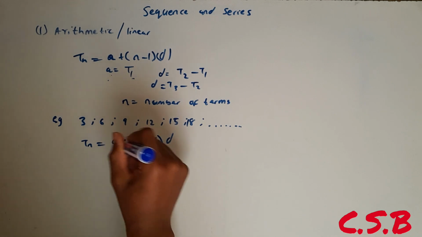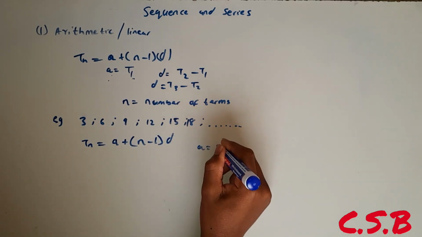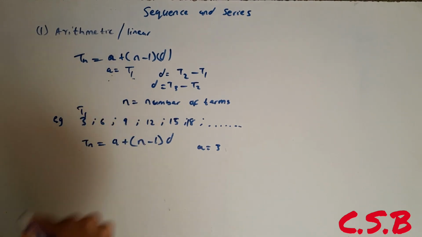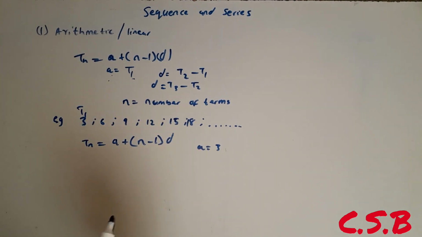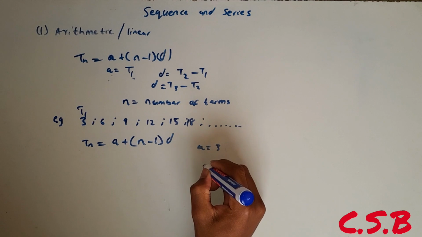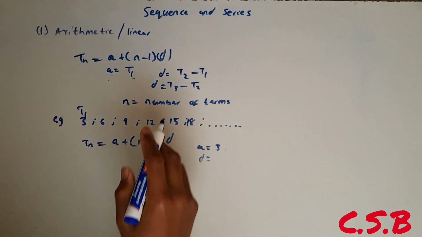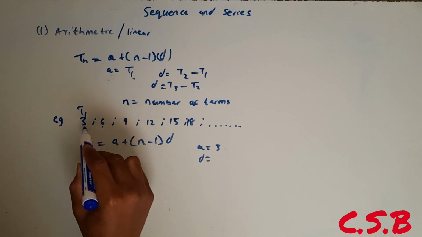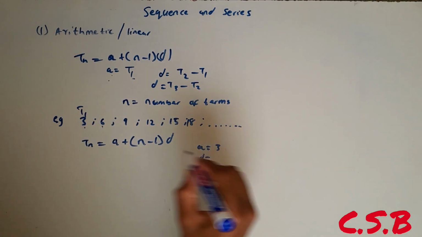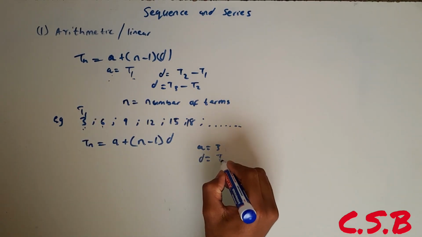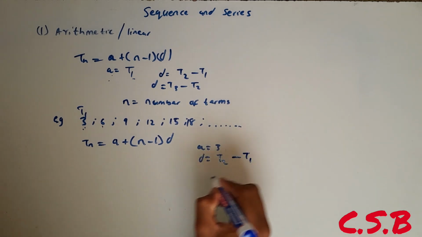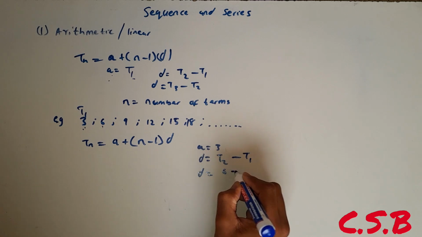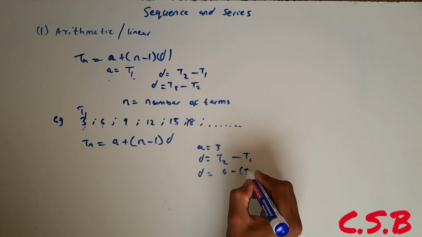So our a would be equal to 3 because this is T1. We said our a is equal to T1. Then our d will be equal to T2 minus T1, which is the same as 6 minus (3).